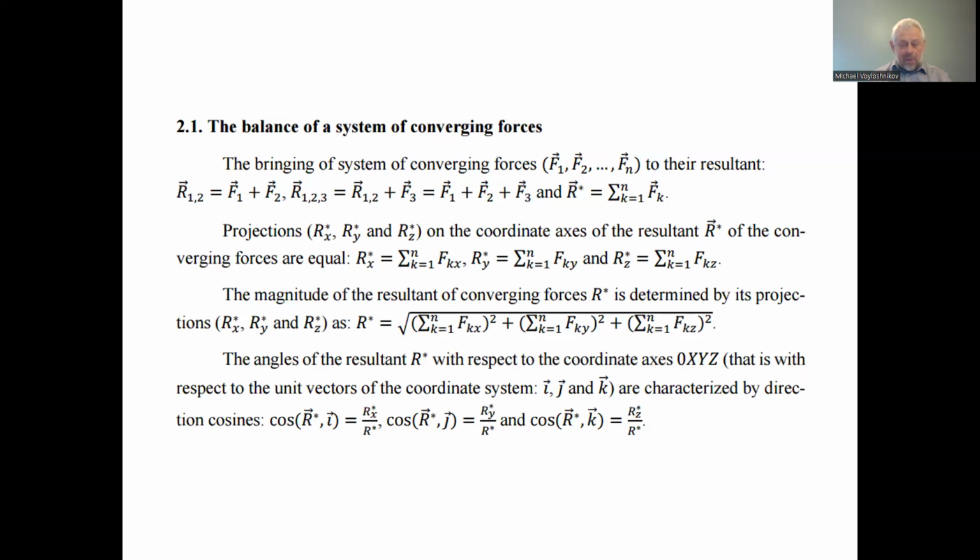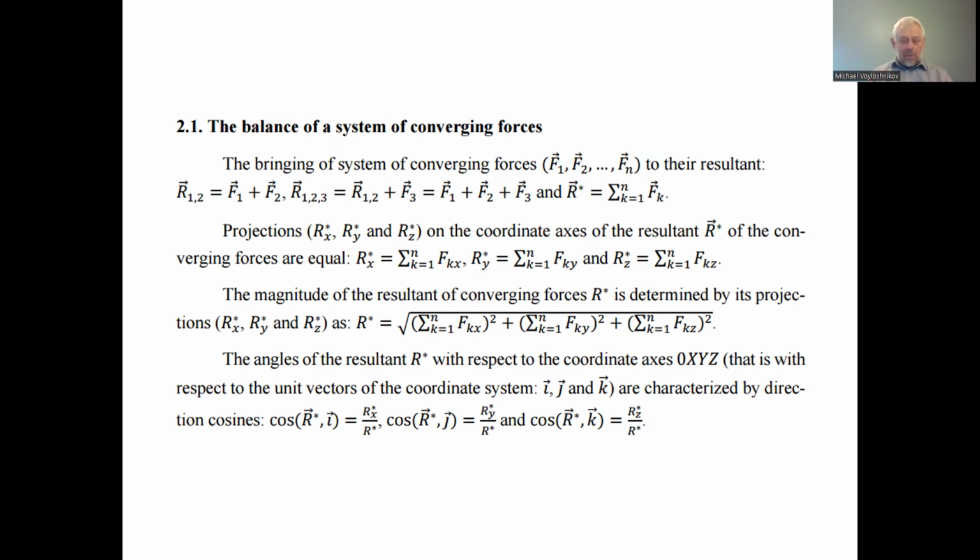So we have three equations as well, and we can choose arbitrary points of rotation, but they must not be on the same straight line.